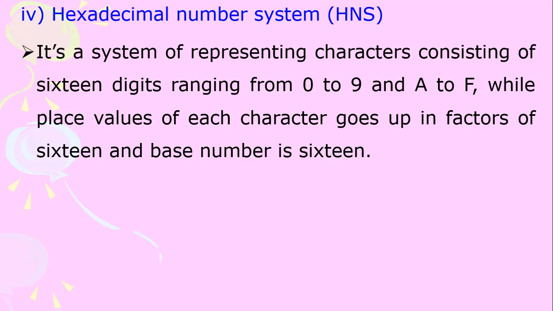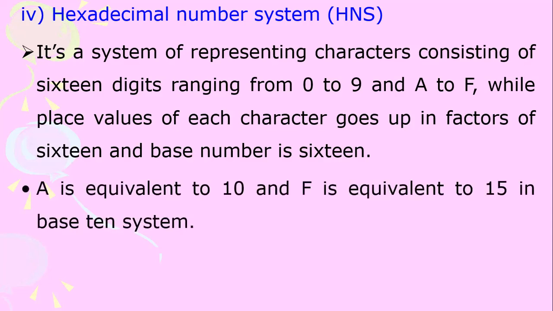Therefore, 10 is represented as A, 11 as B, 12 as C, 13 as D, 14 as E, 15 as F. And therefore, A is equivalent to 10 and F is equivalent to 15 in base 10 system.